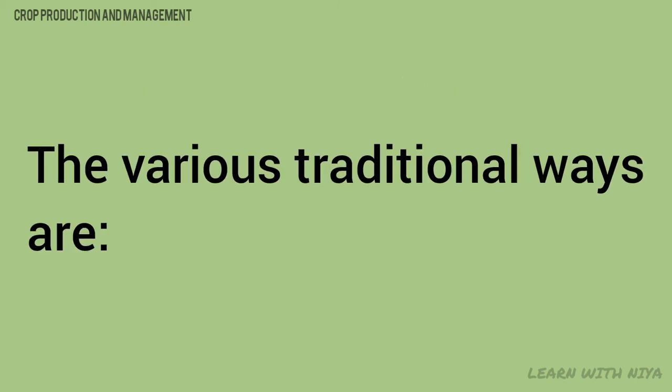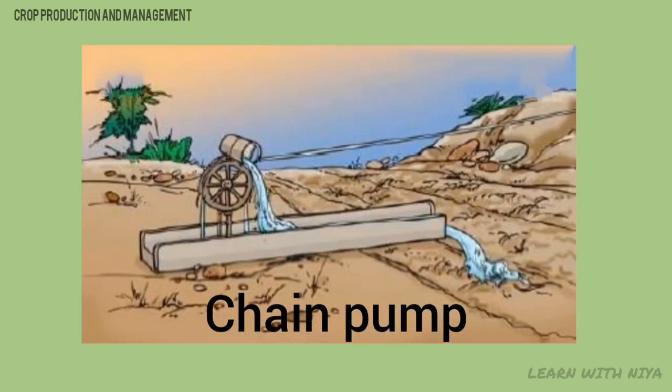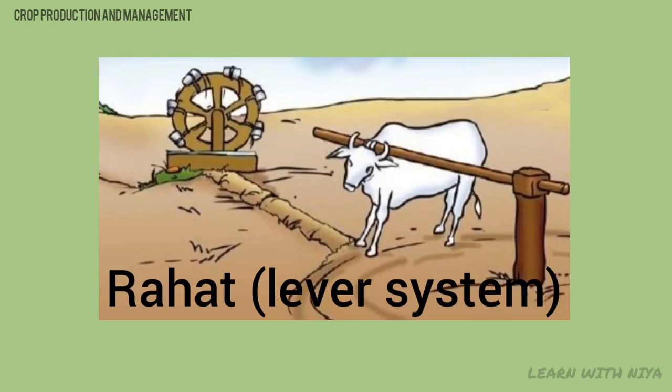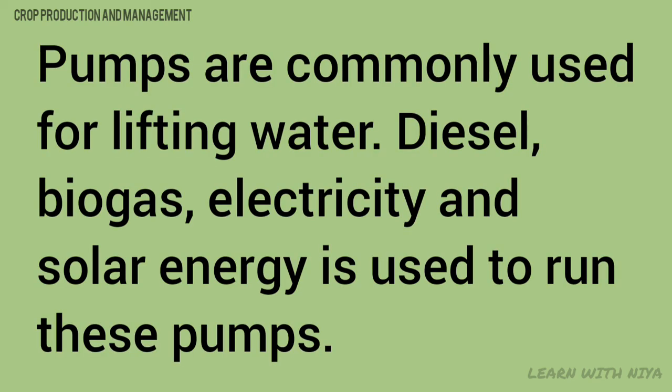The various traditional ways are moat, pulley system, chain pump, Dekli, and Drawhead lever system. Pumps are commonly used for lifting water. Diesel, biogas, electricity, and solar energy is used to run these pumps.